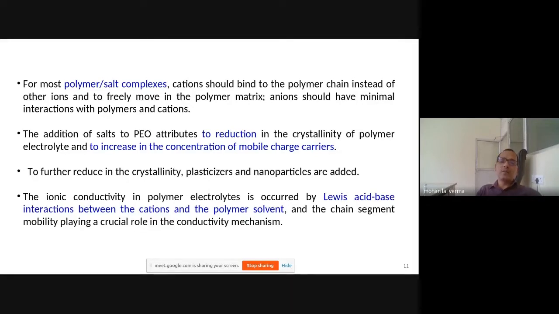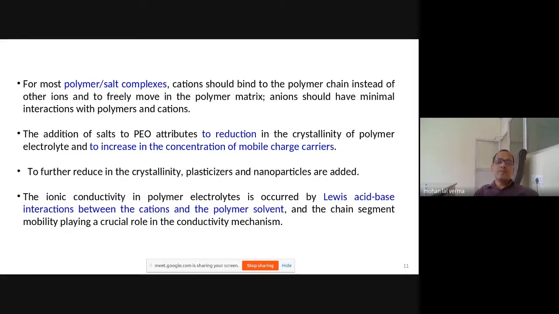In the case of AgI doping, the Ag ion is free to move between the polymeric chains. Lithium ions and sodium ions are likewise free to move. If these ions get space or free volume, they can move freely, and the conductivity enhances.